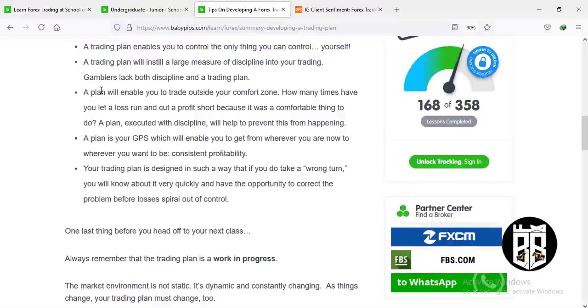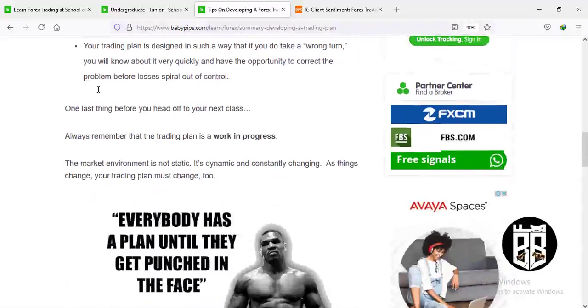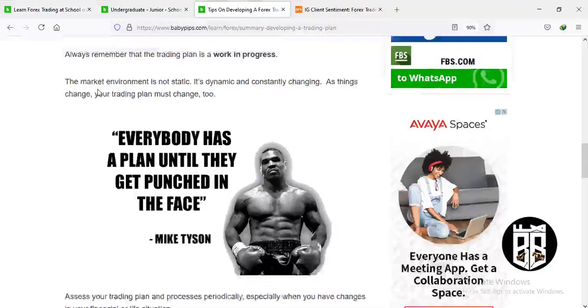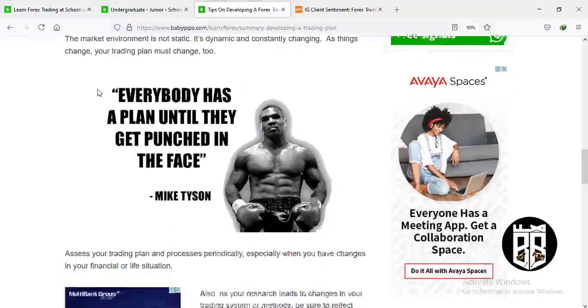Now, your trading plan is designed in such a way that if you take a wrong turn, you will know about it very quickly and have the opportunity to correct the problem before losses can spiral out of control. Now, always remember that a trading plan is a work in progress. You are going to commit to it, but you're still going to look for systems, more advice, a strategy that works best for you.